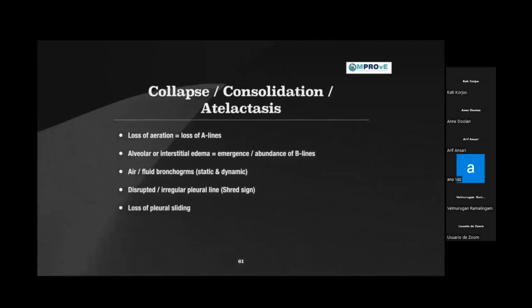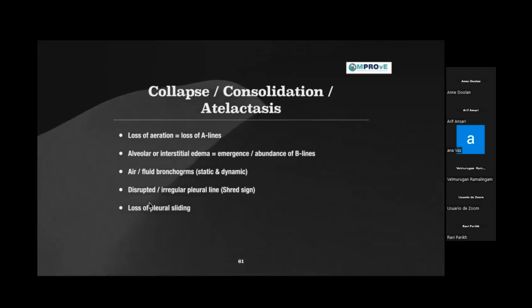And the loss of pleural sliding will be there in collapse, consolidation, and atelectasis. When I say loss, don't take it too dogmatically. In collapse, it depends on what is the degree, or in consolidation, it depends on what is the degree of consolidation.